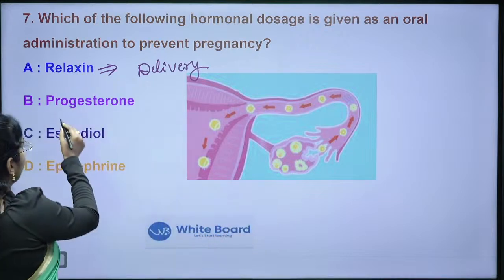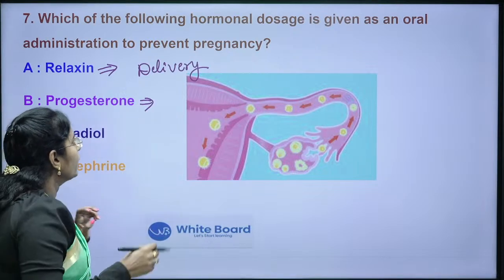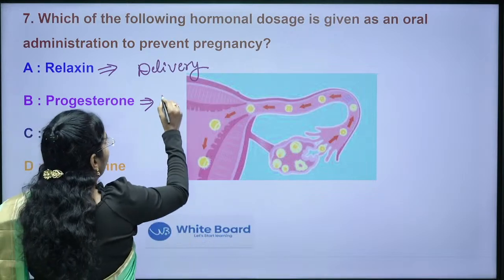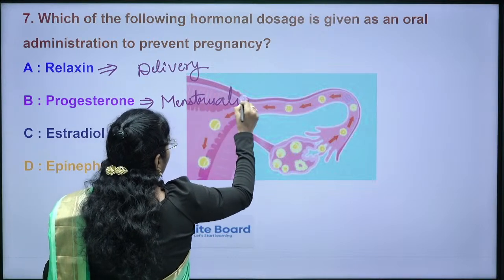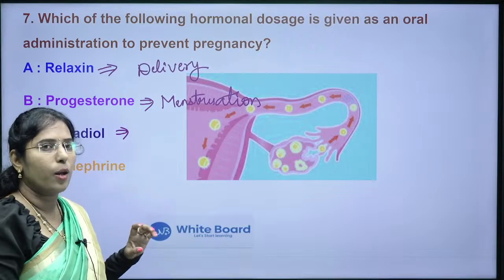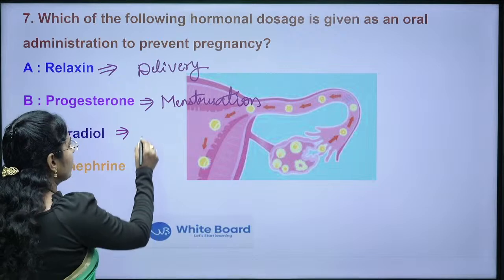Next, the second one is progesterone. The progesterone hormone mainly helps in maintaining the menstrual cycle or plays an important role in menstruation. Next, the third one, estradiol. Estradiol is a hormone mainly used to relieve the symptoms after the menopause stage.